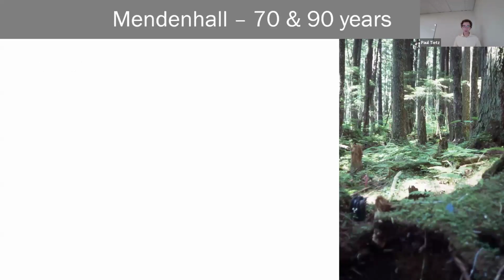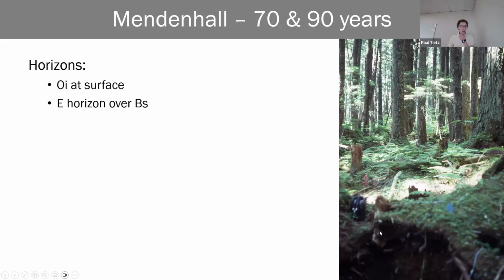Moving on to the next 2 sites under 70 and 90 years of soil formation. We still have an Oi at the surface, probably a little bit thicker with more organic material accumulation. But now the A horizon is gone. It's been all leached out. We have an E horizon directly under the surface over a Bs horizon, right? And no A horizon.